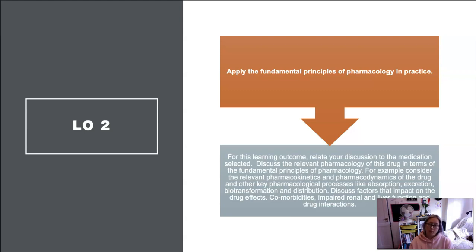But it is really important that once you've chosen your drug, you start to do your research around your specific medication. Look at the leaflets that are included within the medication. Look at the information that's within the BNF.